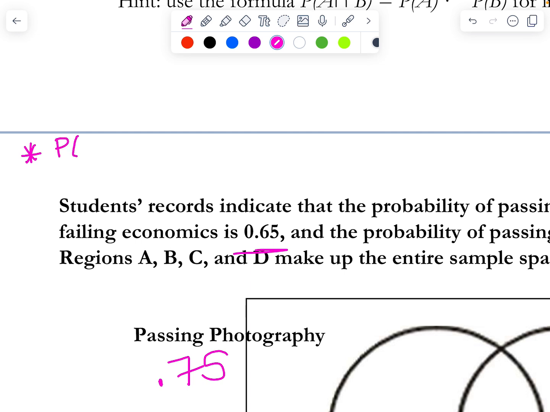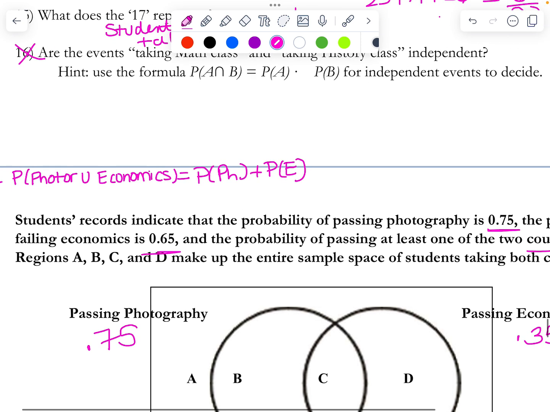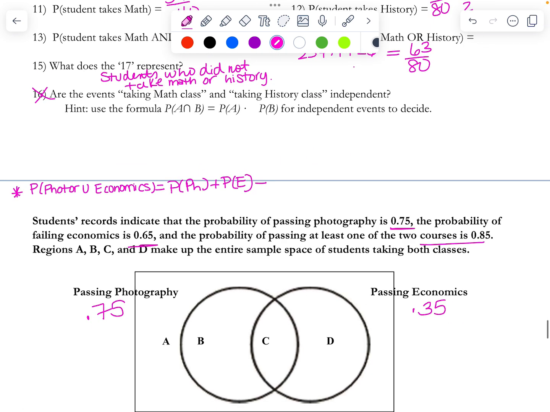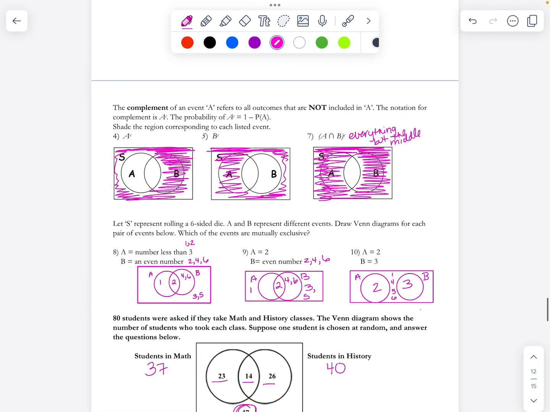So the probability of photos and economics equals the probability of photos plus the probability of economics, and I'm just going to abbreviate that, minus the probability.